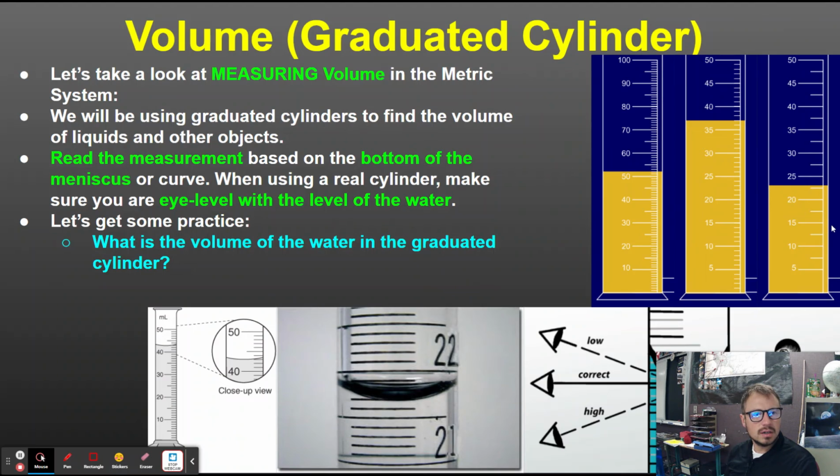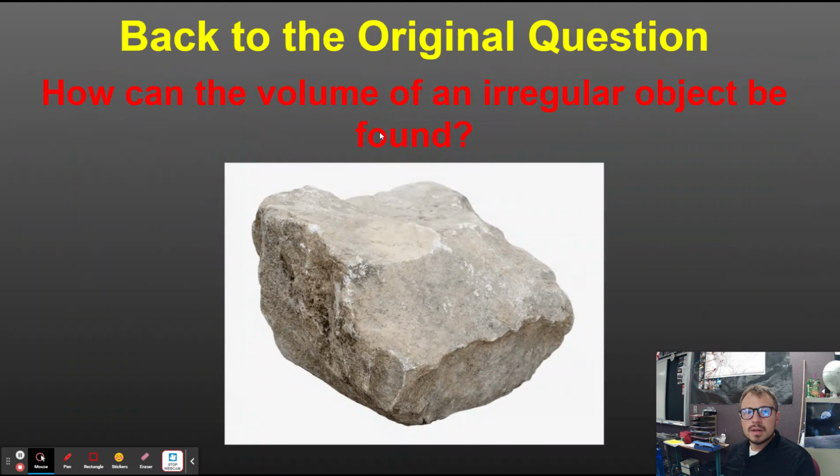And then over here, it's a little bit tricky because now each one of these, they go 5, 10, 15, 20. Each one of these is 2.5. So this one's probably 23 milliliters. So it's all about looking at the resolution of those graduated cylinders.